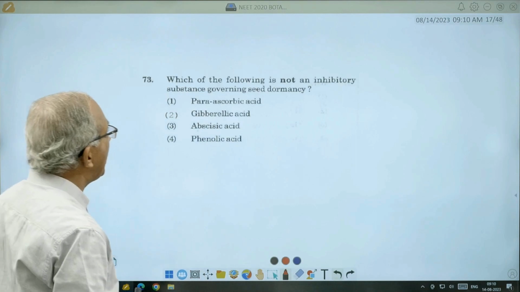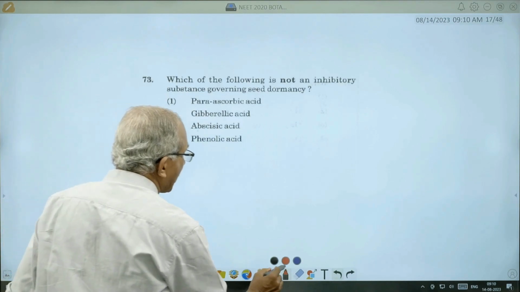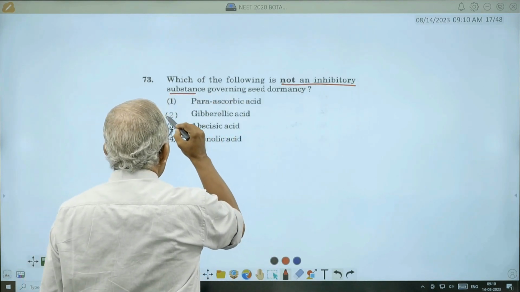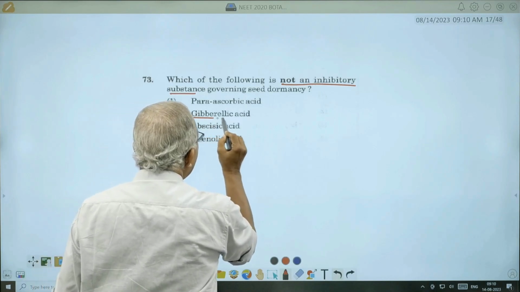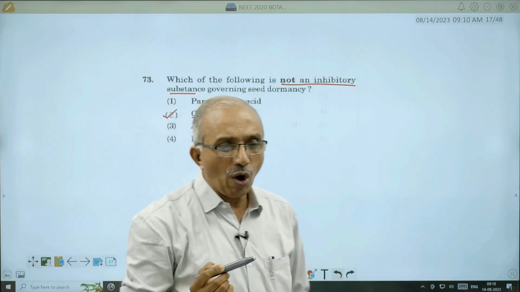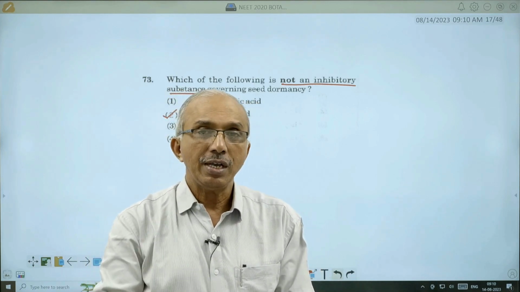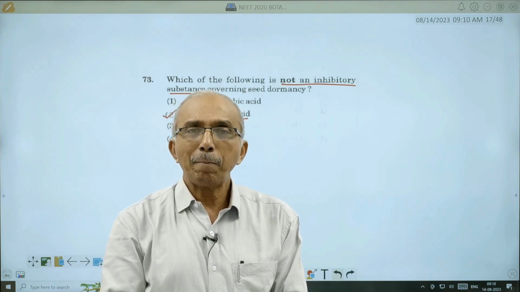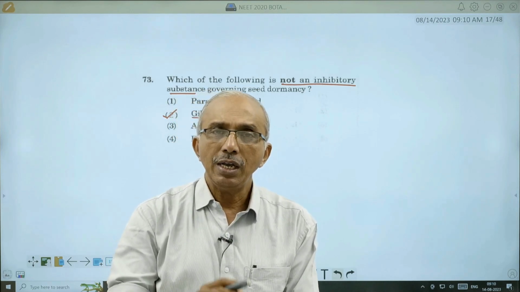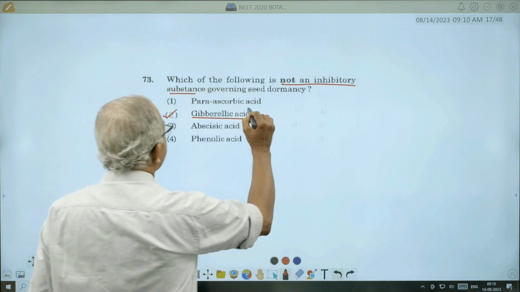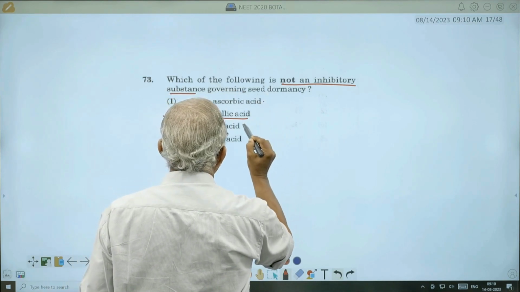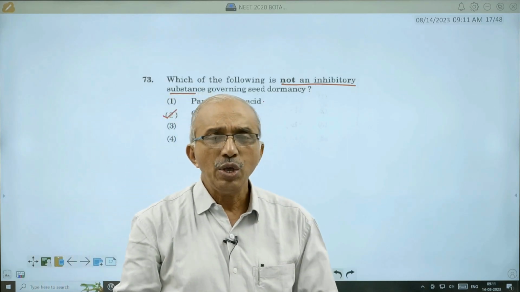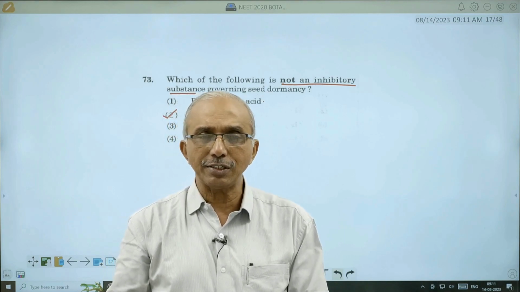Which of the following is not an inhibitory substance? Not an inhibitory substance. Then answer is 2. Gibberellic acid is a plant hormone which promotes seed germination, but para-ascorbic acid, abscisic acid, and phenolic acid are growth inhibiting substances.